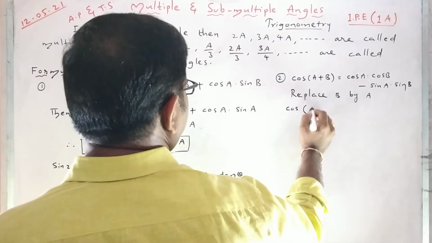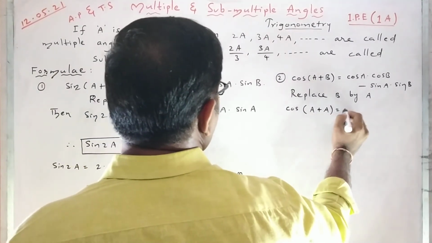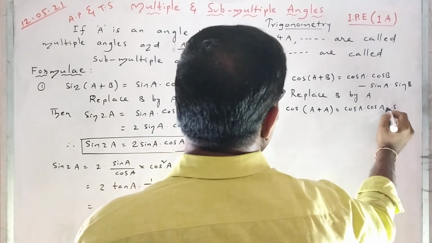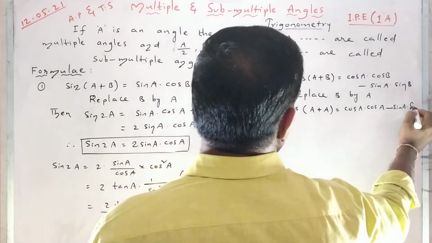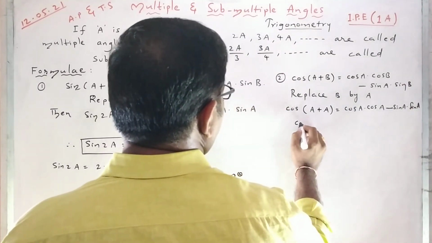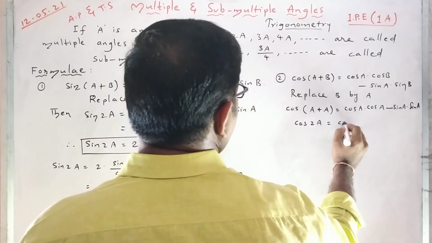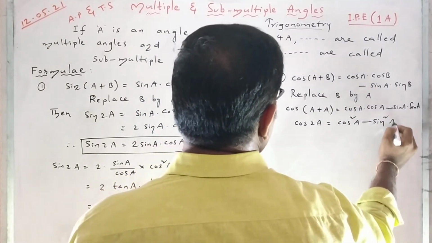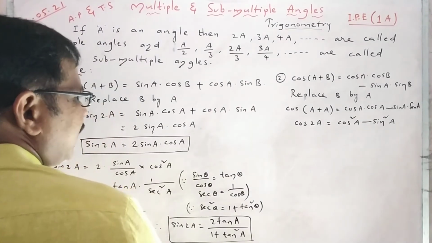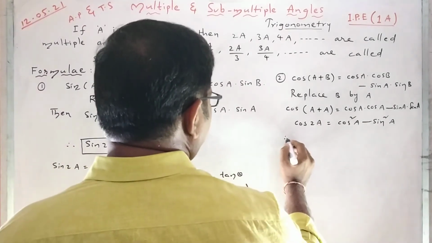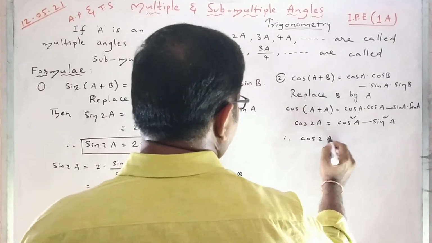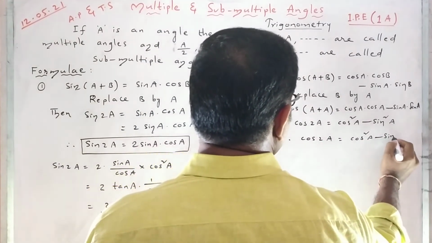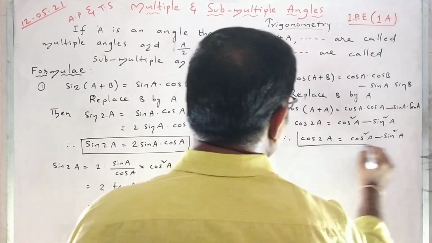Cos of A plus A equals cos A into cos A minus sin A into sin A. So cos 2A equals cos square A minus sin square A. That is the first formula for cos 2A.